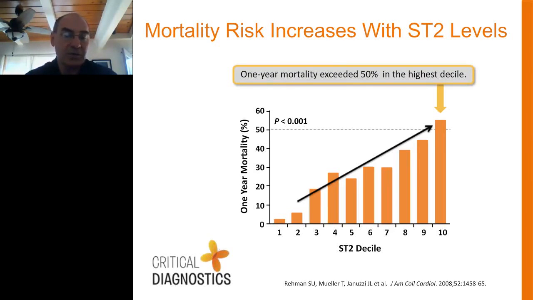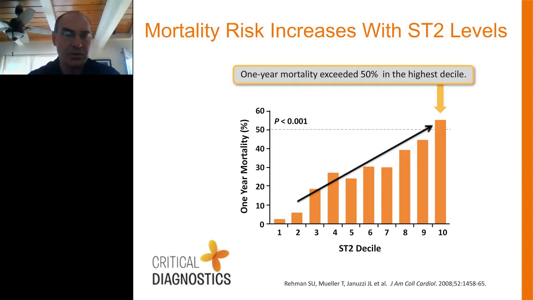Now in this case, you would also expect that a prognostic test would not be binary. Again, just because you're above a certain concentration doesn't mean you go from no risk to absolute risk. There's going to be some grades of risk as a function of concentration if your test or if the biomarker is performing appropriately. And that's exactly what we see with ST2, is that in very low concentrations, we have a very low risk profile.